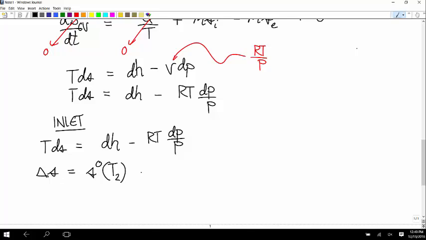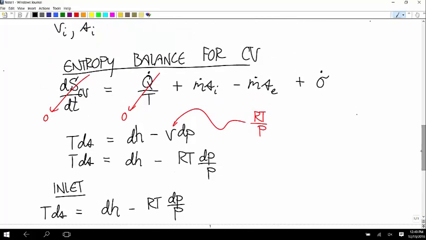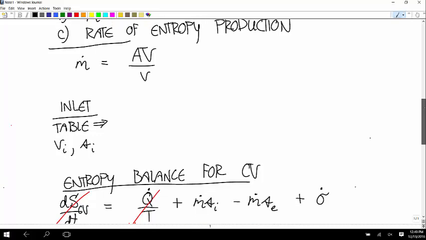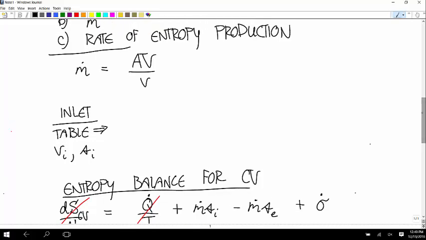So the entropy is not changing at those two locations in time, right? At the inlet, it's not changing. At the exit, it's not changing. So use the approach where the temperature isn't changing at all.